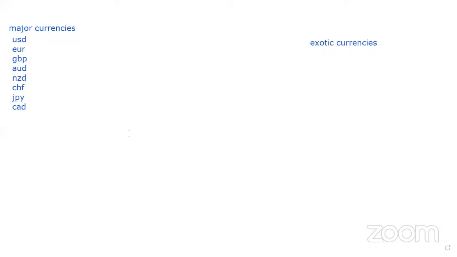Another one is safe haven currencies. Gold is a commodity. USD is a safe haven currency. What do you mean by safe haven currencies? These are currencies that people tend to put their money in during times of economic crisis, chaos, or any kind of problem in the economy.